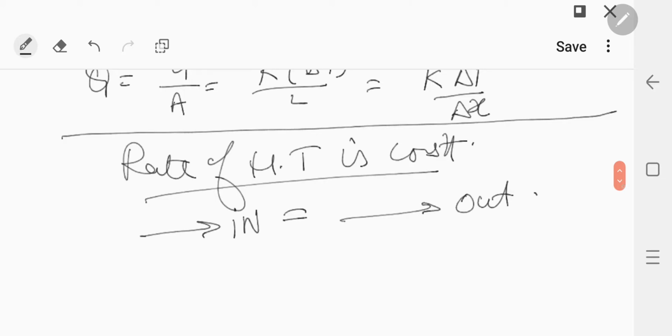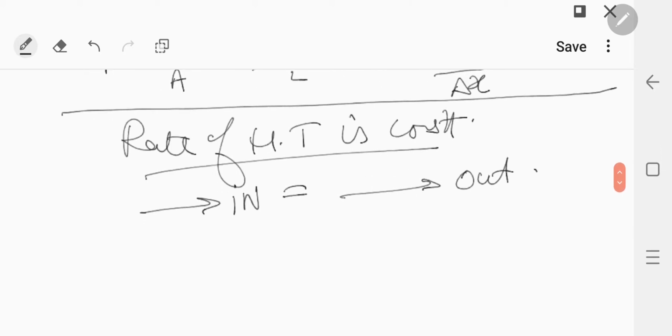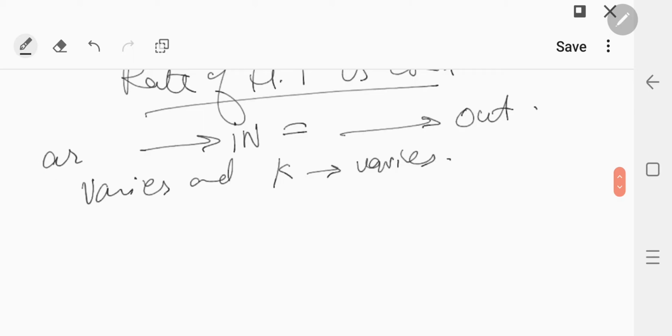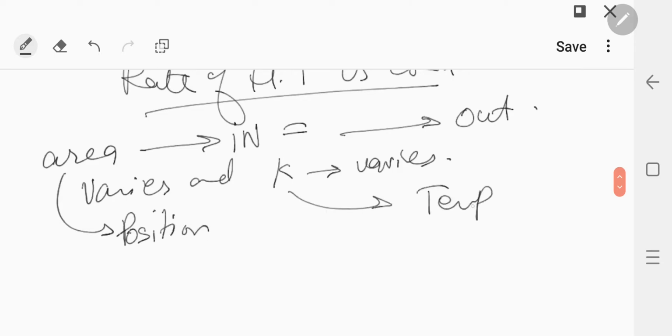Now suppose the cross sectional area varies, and the thermal conductivity also varies. Area varies with the position and thermal conductivity varies with the temperature.